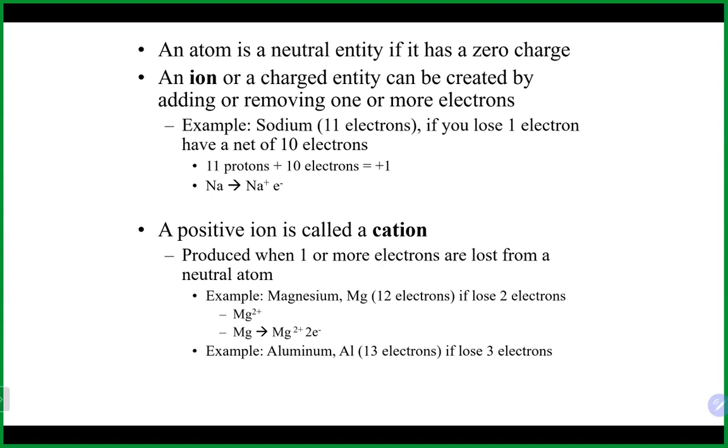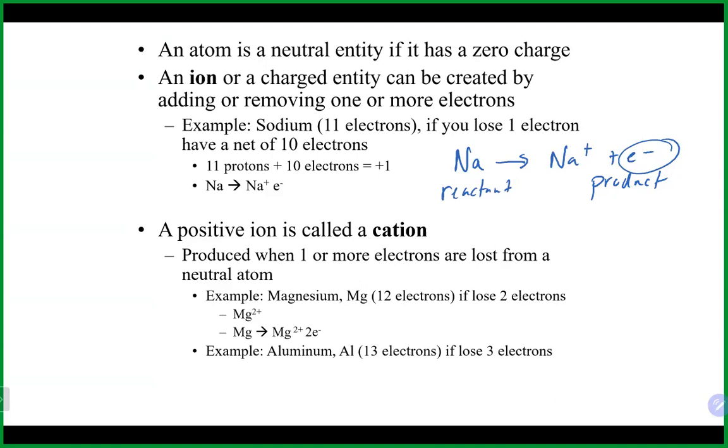For example, if we start with neutral sodium, when it loses an electron, we put the electron on the product side of the equation, like it's being given off or lost. In a reaction or equation, reactants are our starting material, so we're starting with something that has no charge.